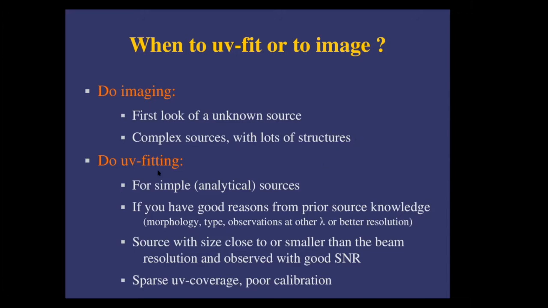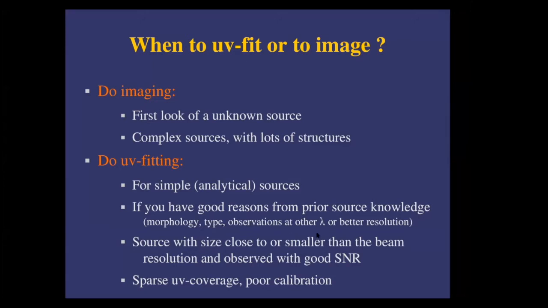On the other hand, you should do UV fitting, and those are the best cases, when your source is simple and can be described, for example, with an analytical Fourier transform, as I showed you before: a point source, a Gaussian. All these are very perfect sources for UV fitting. If you have good reasons from prior source knowledge, if you know, for example, that it's a lens image of a double quasar, if you know the morphology, the type of your source, for example, if you know it's a planet, then you know that it should appear like a disk.